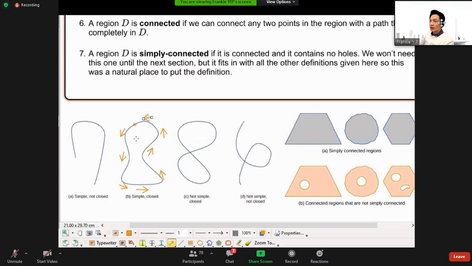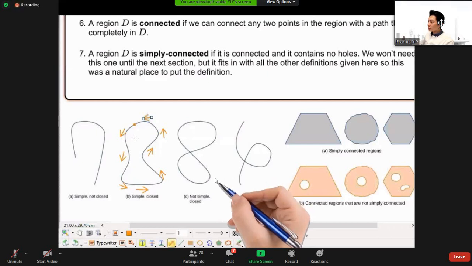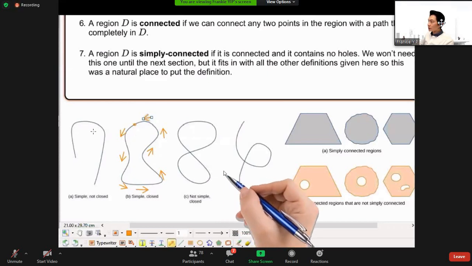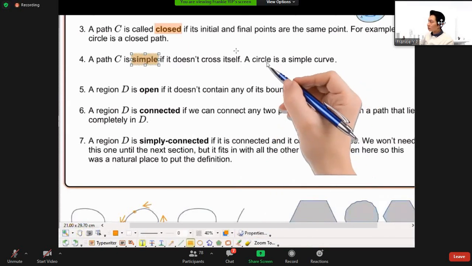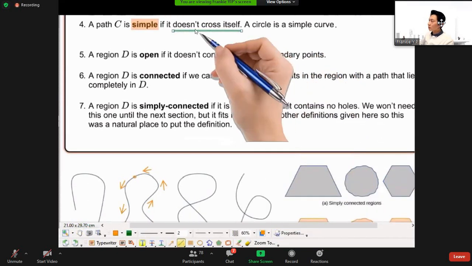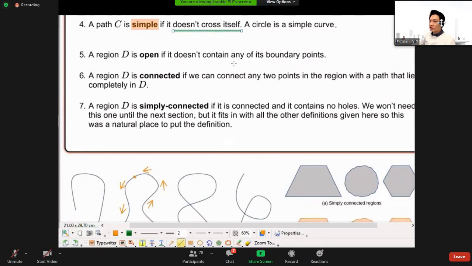So this one is closed and simple; remember, we don't have any crossing on this.